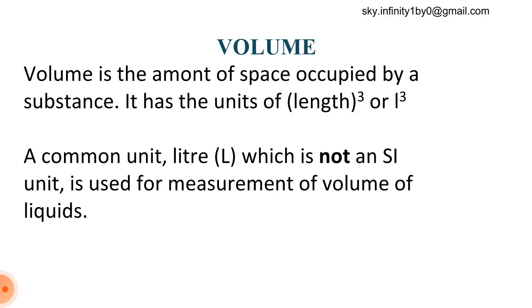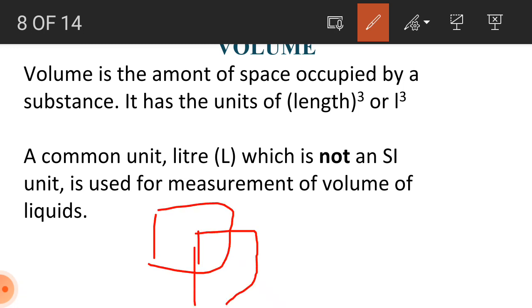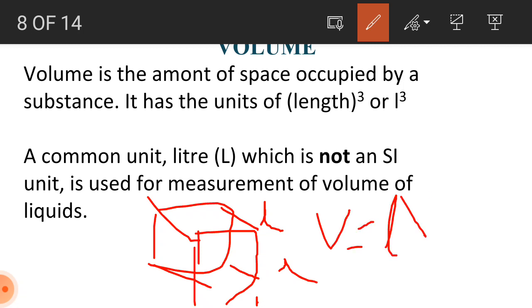Now coming to the volume. Volume is the amount of space occupied by a substance. The unit for volume is meter cube. So if you take a cube which has all the sides equal, and let's name the side as L, by the formula for volume, it is length into breadth into height.